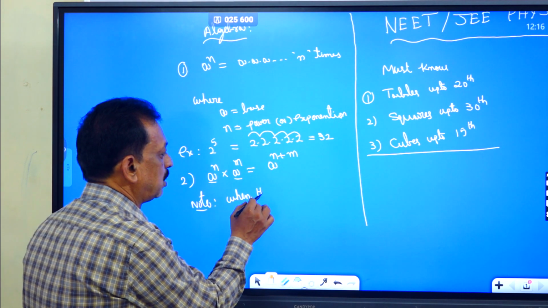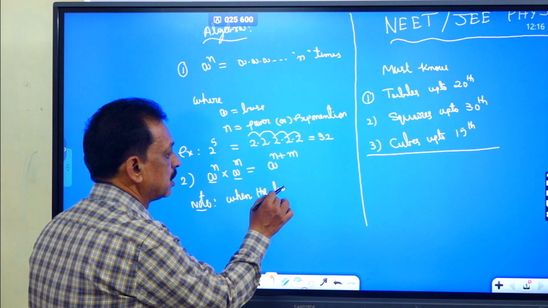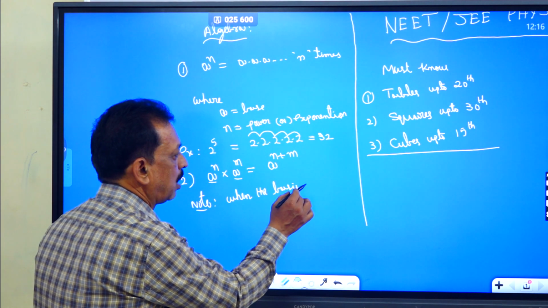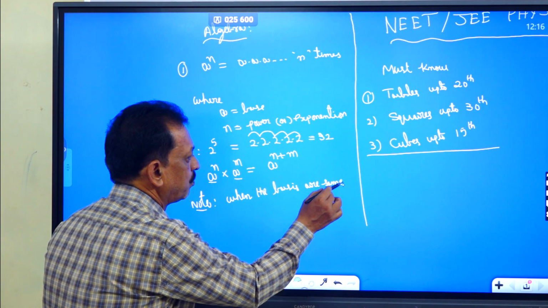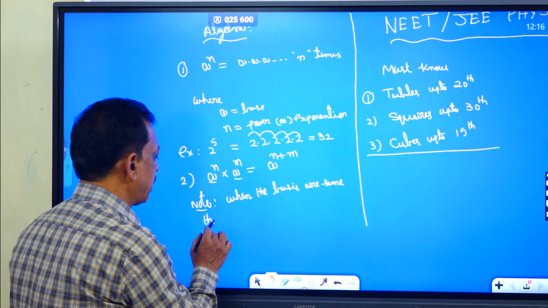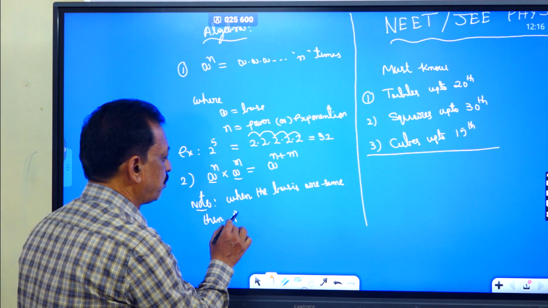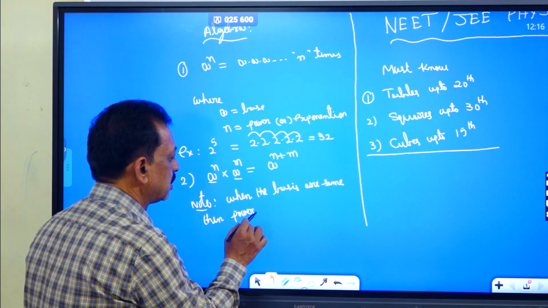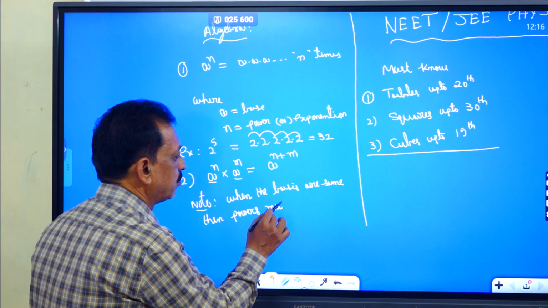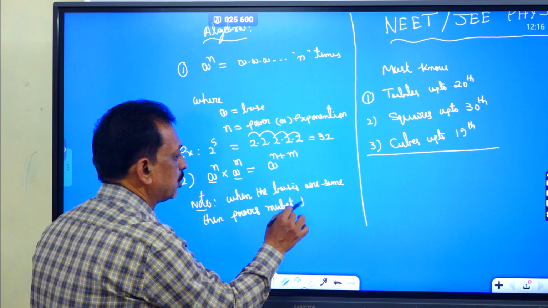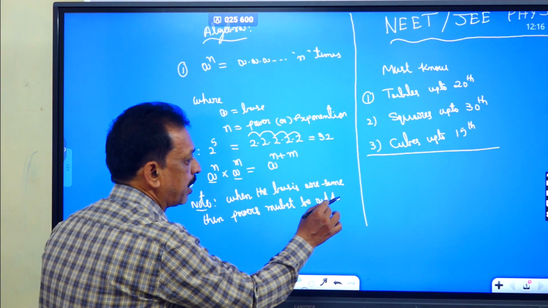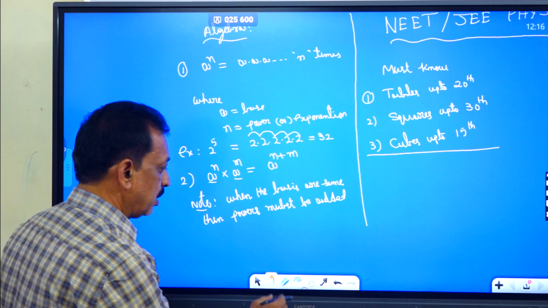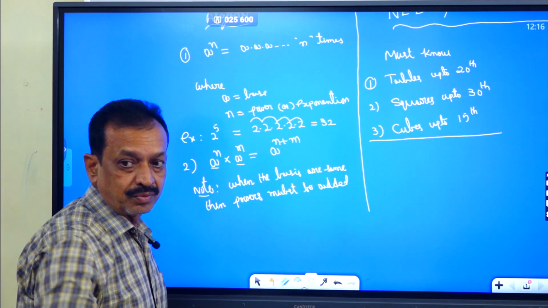When the bases are same, then powers must be added. Write a note, all of you: when the bases are same, then powers must be added.